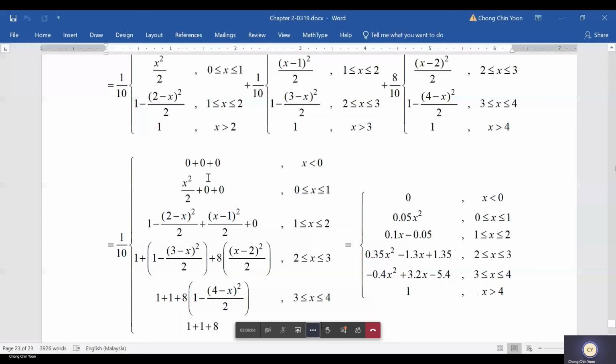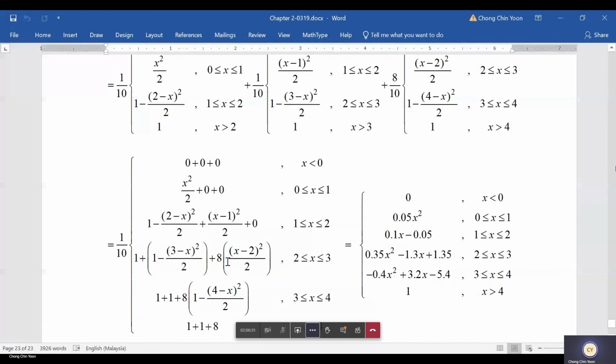If you choose 2 point something, you will have 1. So no matter what, the first piecewise function will give you 1. For the second piecewise function from 2 to 3, you will have this result. Again for the third piecewise function from 2 to 3, you will have this result times 8. Therefore, it's here.